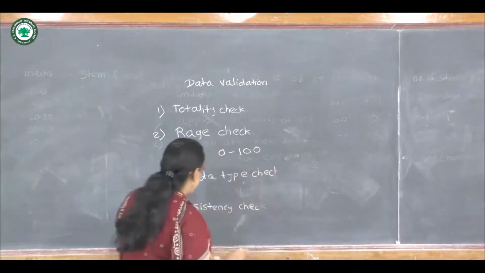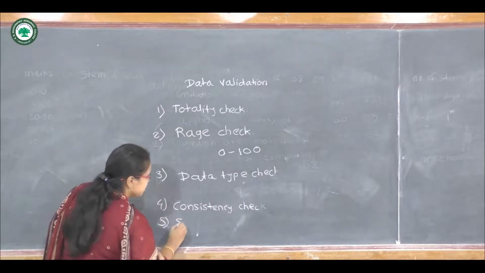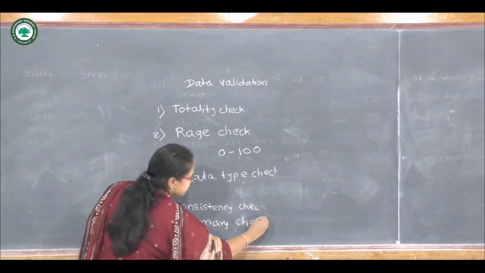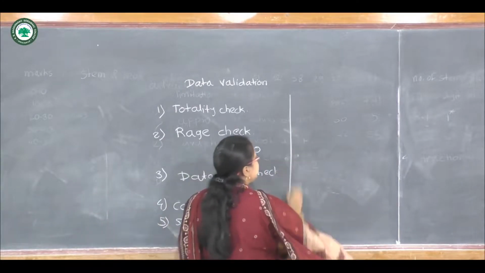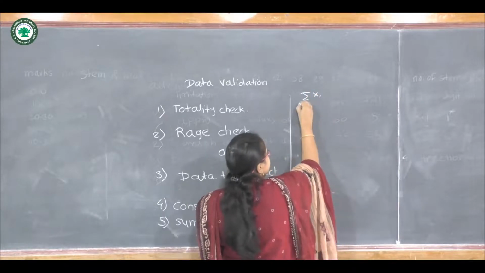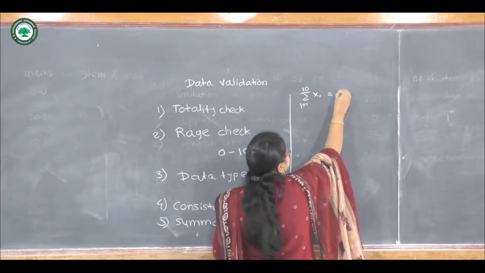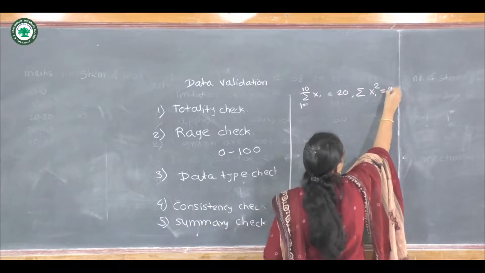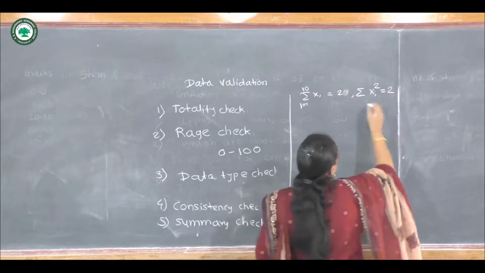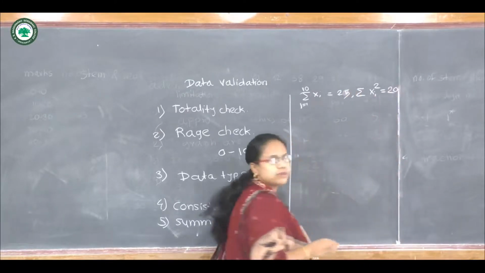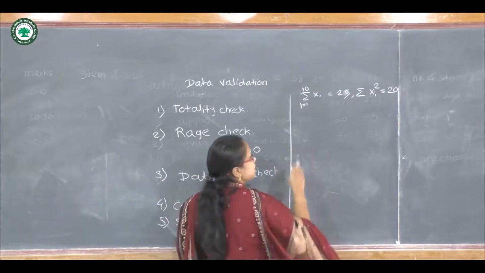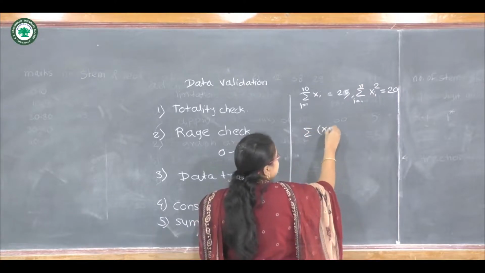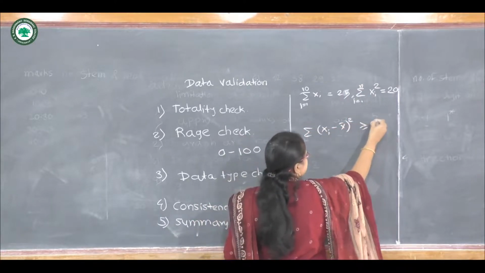Then the next data validation, that is the last, is the summary check. We will see this by example. Suppose we are given that the summation of the observations is 20 and the summation of the squares of the observations is 25, and the number of observations is 10. Then we know that the summation of (xi minus x bar) square is always positive.